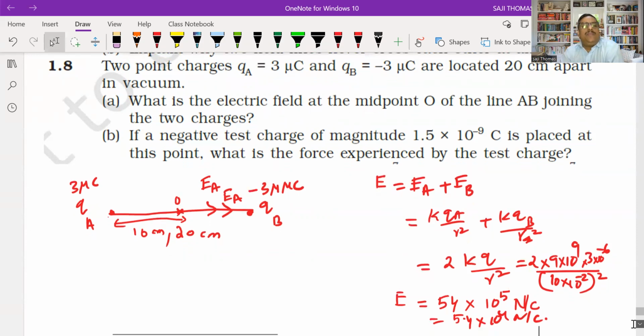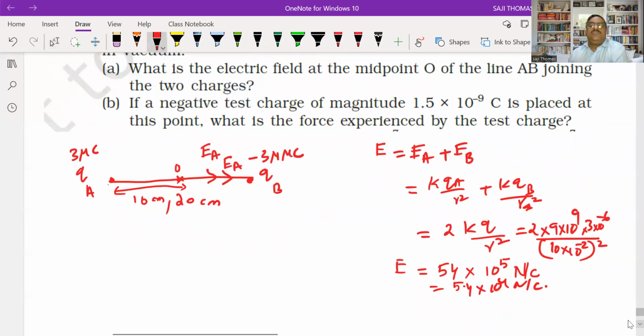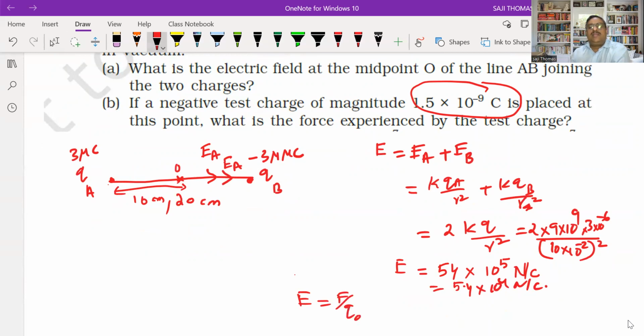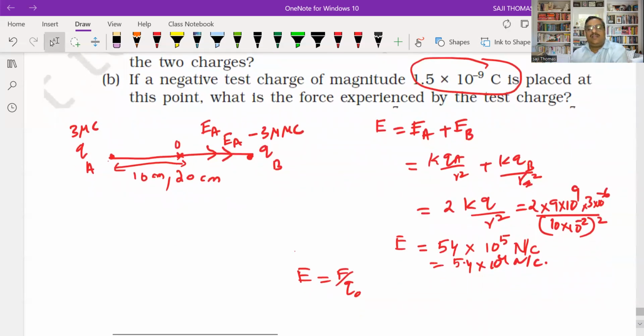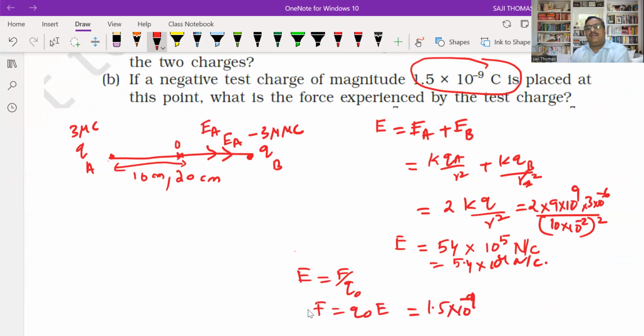Now you have to find out part B. If a negative test charge of magnitude 1.5 into 10 raised to minus 9 is placed at this point, what is the force? So what is the force equation? You know E is equal to F by Q0. Here the test charge is given, test charge is 1.5 into 10 raised to minus 9. So we can write force is Q0 into E. Q0 is 1.5 into 10 raised to minus 9, into E. What is E?